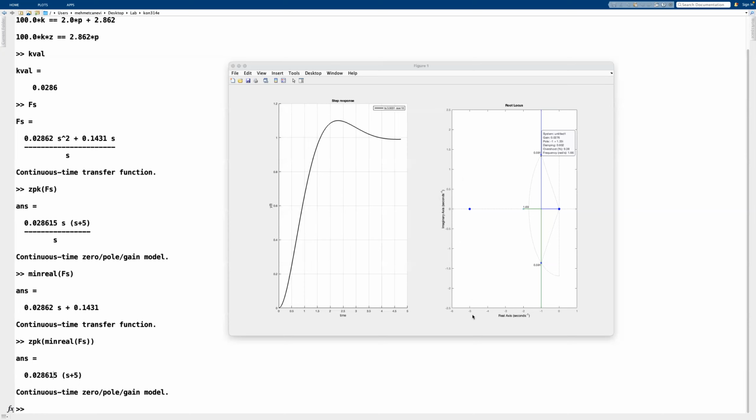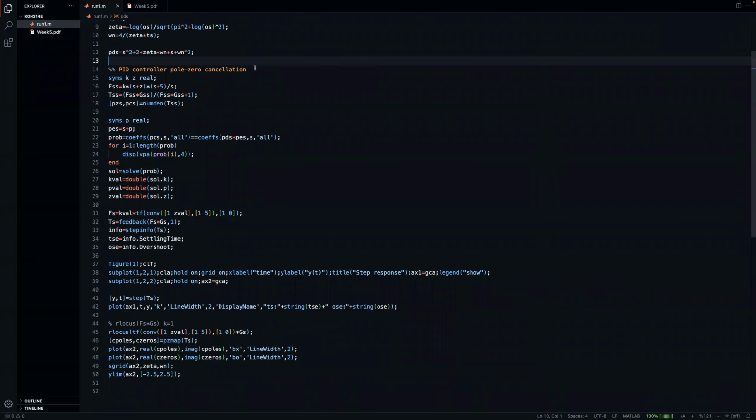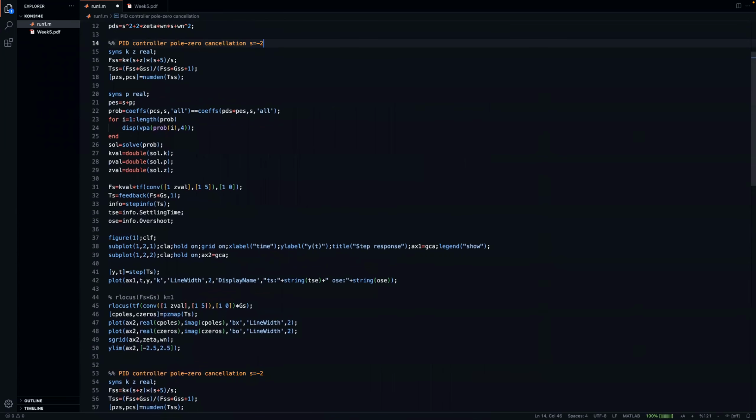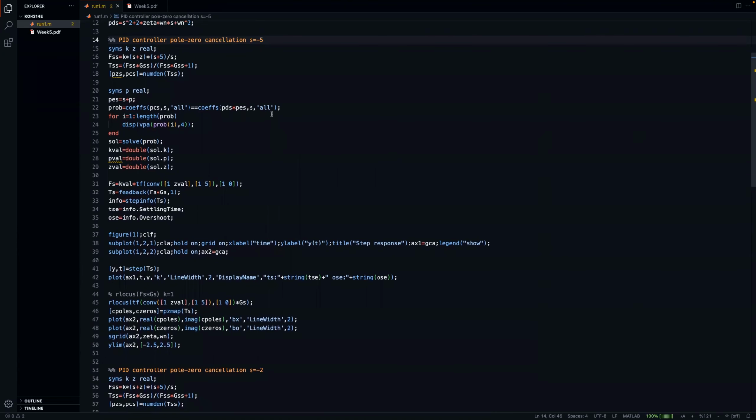For example, we've canceled the pole at -5. If you try to cancel only the pole at the origin, you will end up doing the same, because this is the same solution. So what we can do is look for an alternative, which would be to cancel out the pole at -2. So I'm just going to copy this part here and then paste it here. In the case of -2, I'm going to examine what happens. If we are happy with a design here, we should actually design a PD controller.